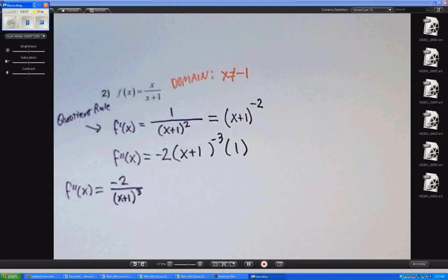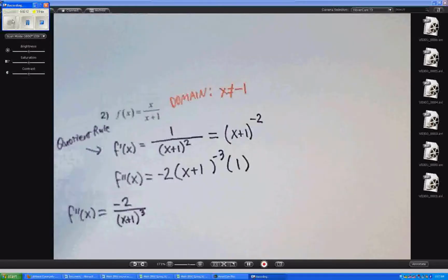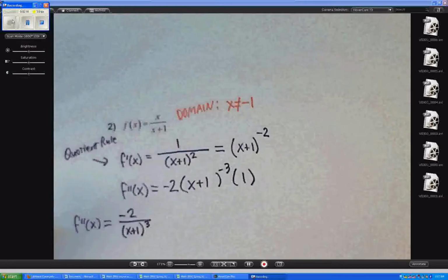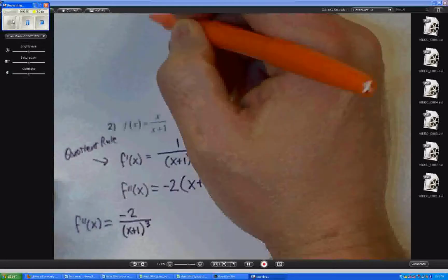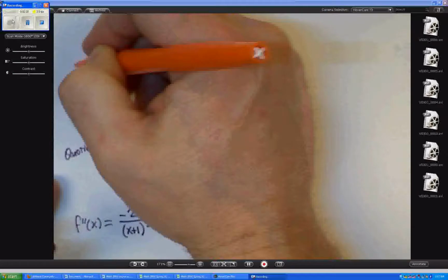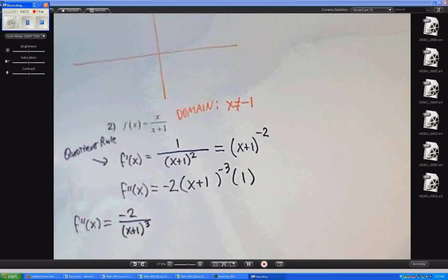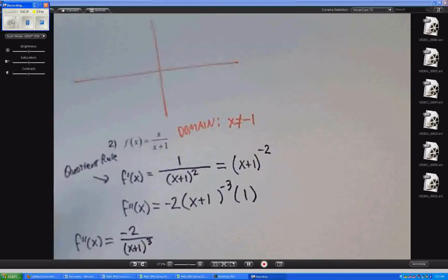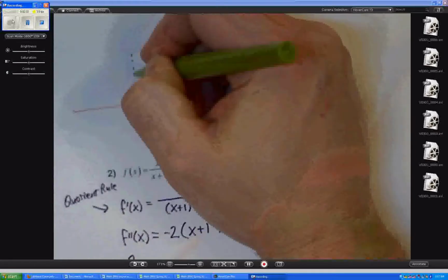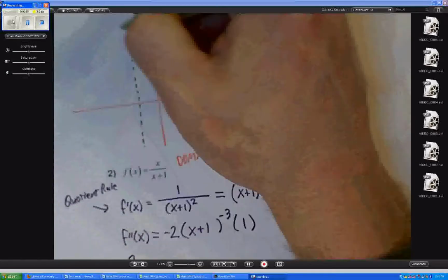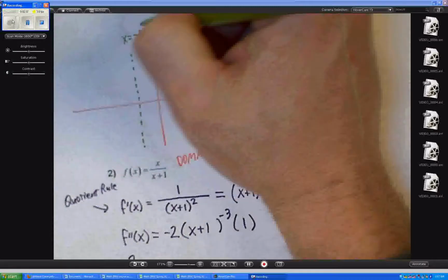What do we know about this function in terms of what would happen if I were to graph this function at negative 1? Do you know what happens at x equals negative 1 for this function? We have a vertical asymptote, right? We talked about asymptotes already. So, let me sketch that. There is a vertical asymptote at x equals negative 1. By the way, while I'm at it, is there a horizontal asymptote?